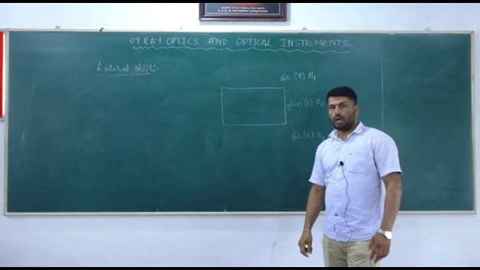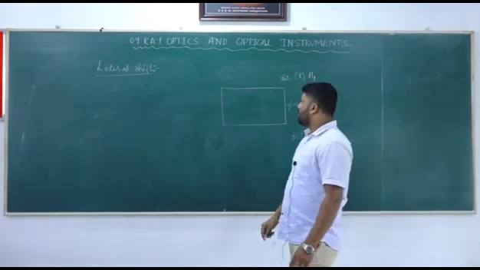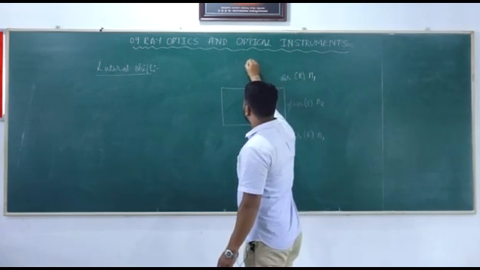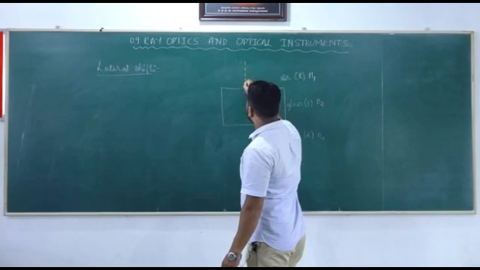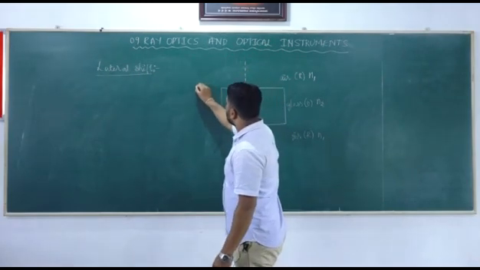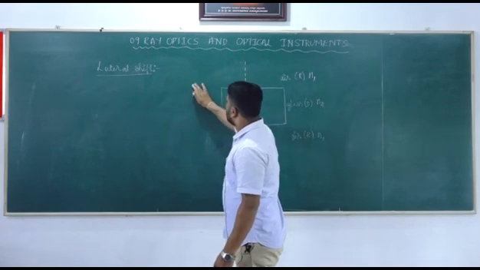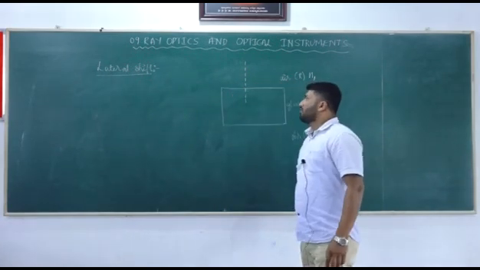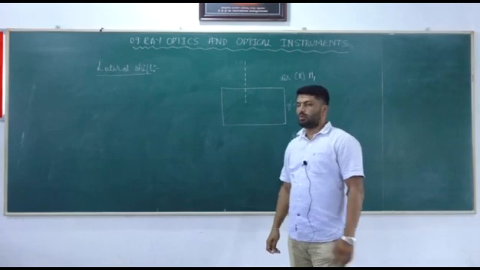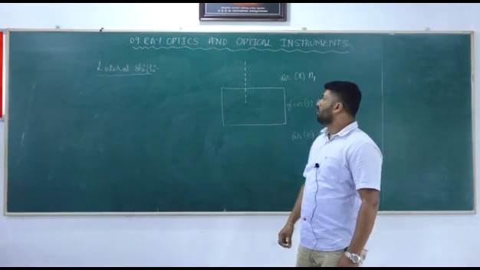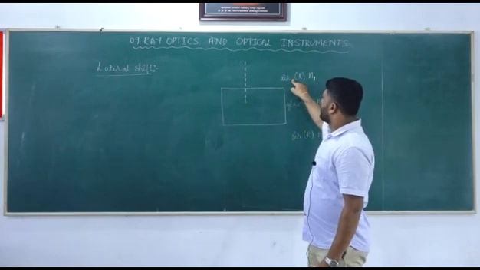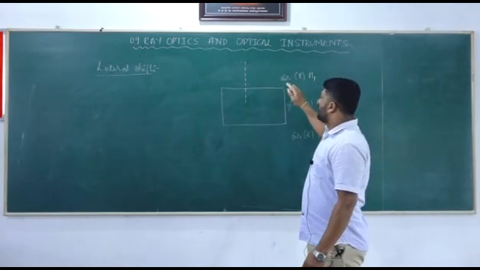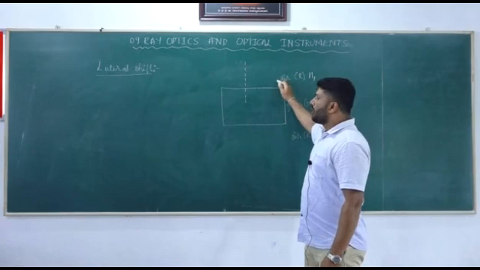Now we will consider the light path. First we draw the normal for the first surface, the top surface of the glass slab. Here is the first medium, where the light is incident.